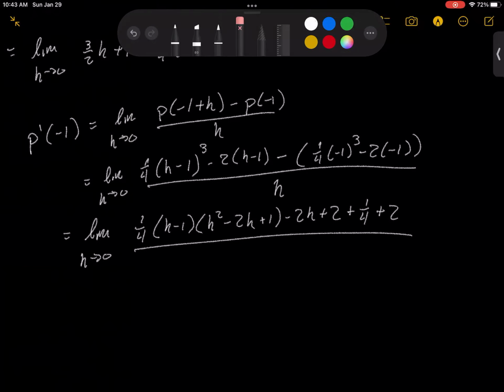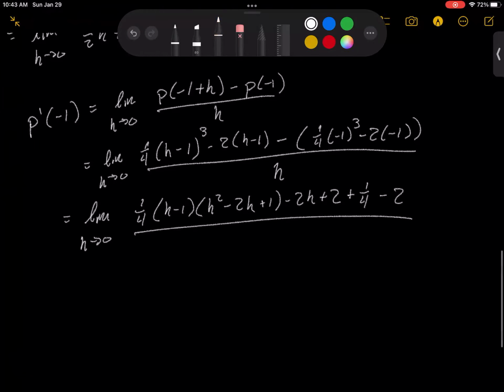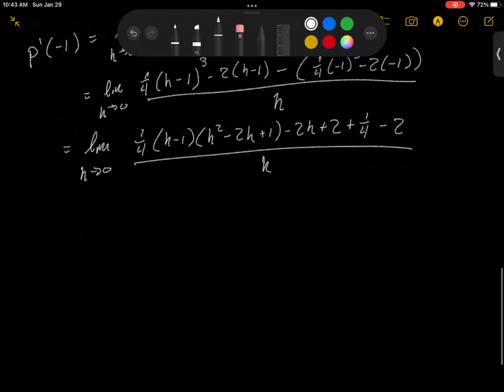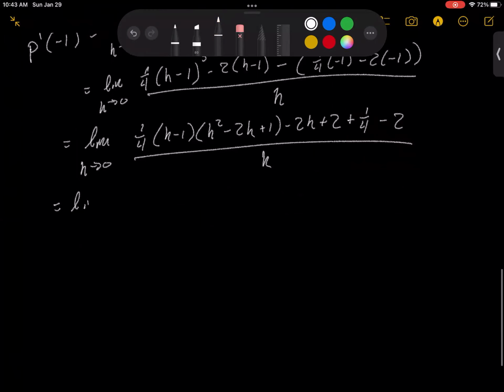Oh, nope. See my mistake. That minus and that minus leaves this term as a plus 2. And then this minus is going to subtract the 2. So we actually do have a minus 2 there. Right, the hardest part of calculus is the algebra.